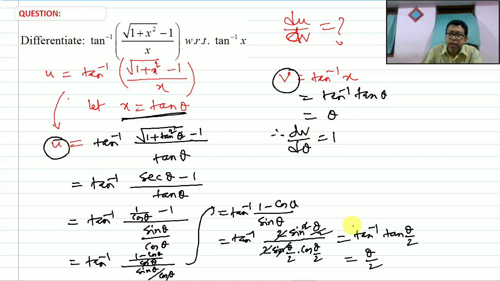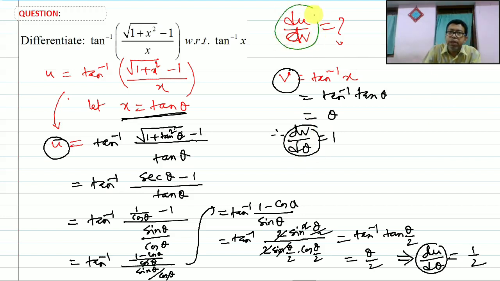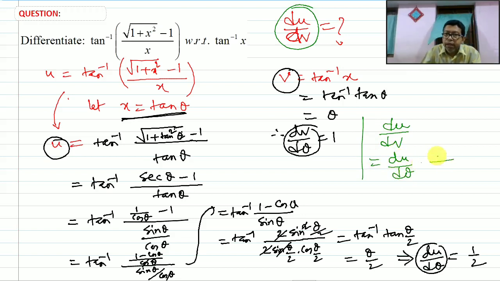And what is du d theta? If you differentiate theta by 2 with respect to theta, that will be half. What is our target? Our target is to find du dv. So du dv is equal to, using the chain rule, du d theta into d theta dv.